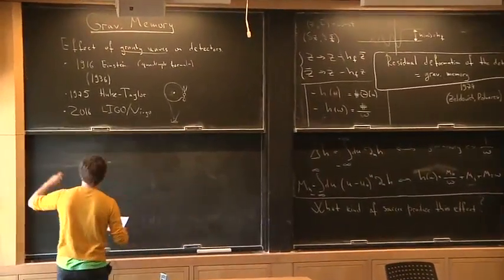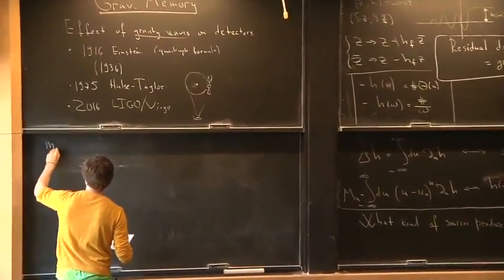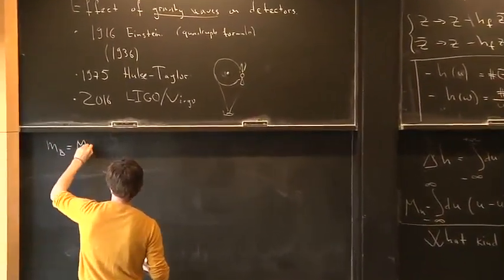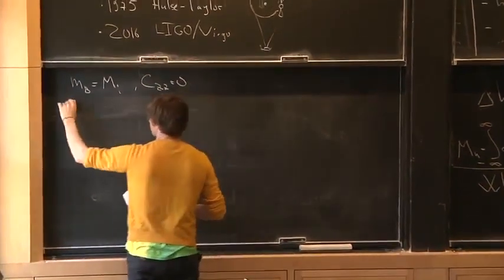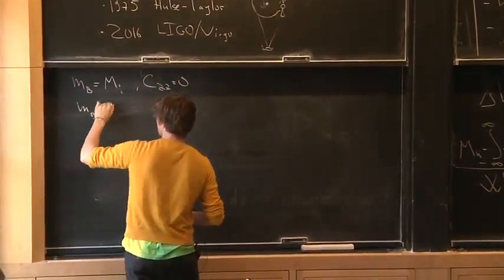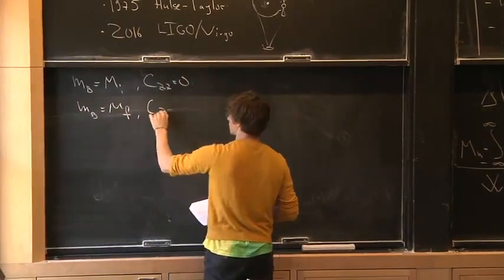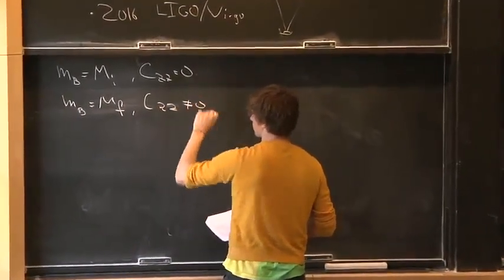Again, we start with, say, MB equal to M initial and CZZ equal to 0, and we end up with MB equal to M final and CZZ non-zero.